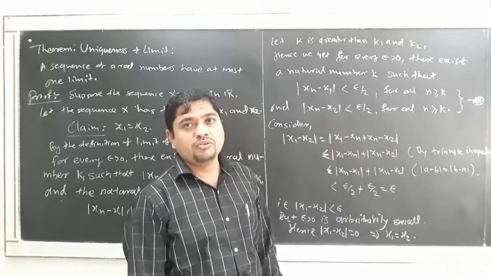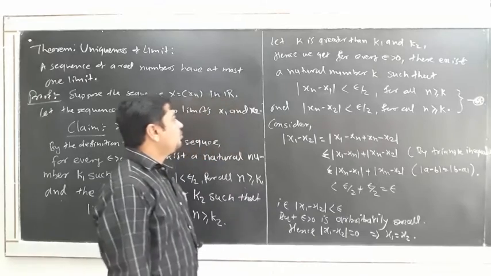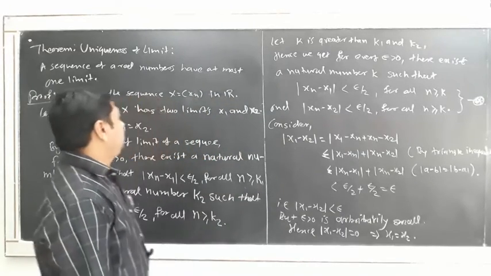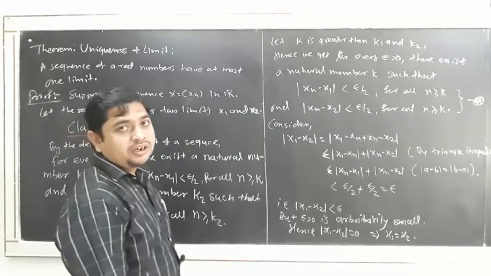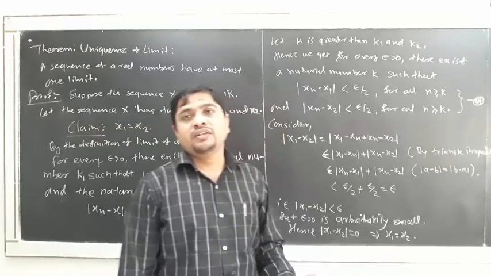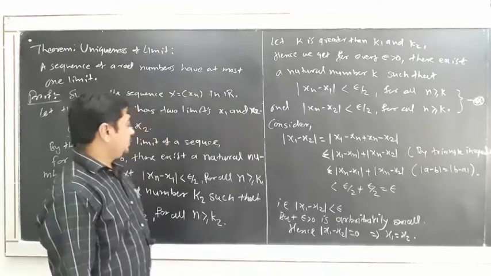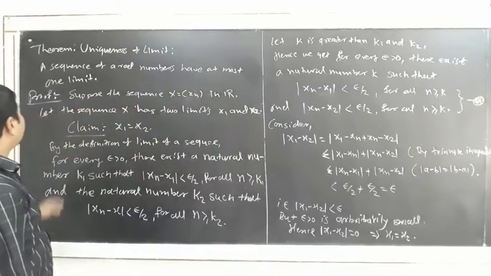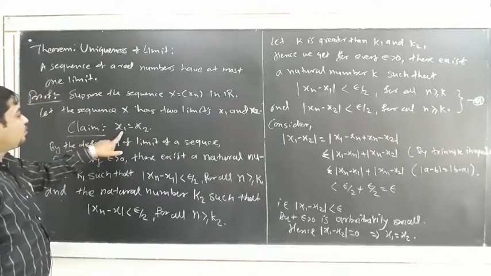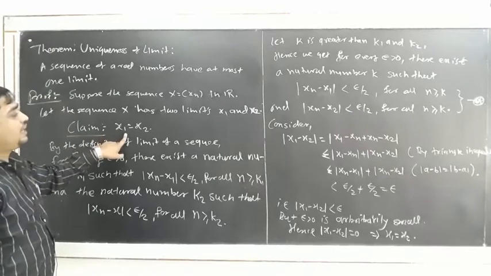Okay, so what we did here: we wrote just the definition of the limit of a sequence. It is very important to understand and keep in mind the definition of a limit. A sequence has at most one limit. We consider two limits and show that they are equal.